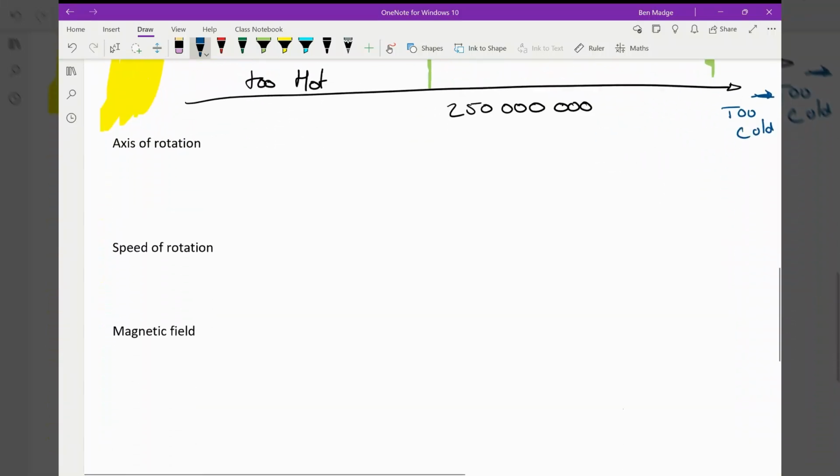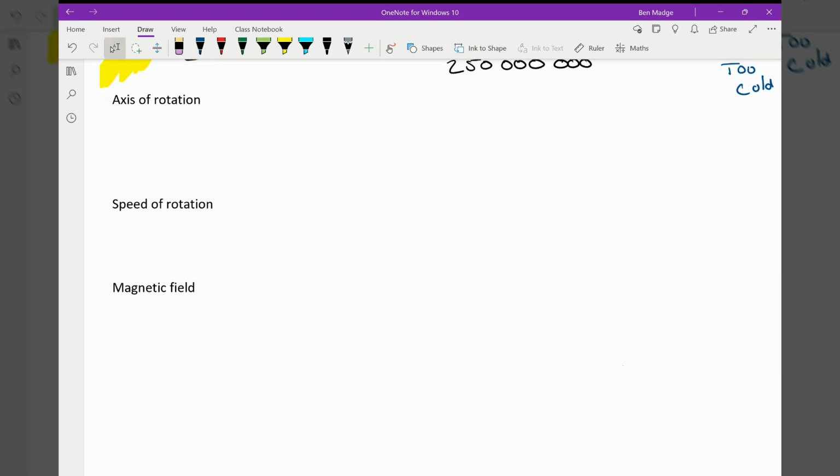So the next one we got to look at is the axis of rotation. Okay, so in the early solar system, there was actually a collision between the Earth as it was slowly developing and another sort of planet or planetoid. And the result of that collision was actually the moon.